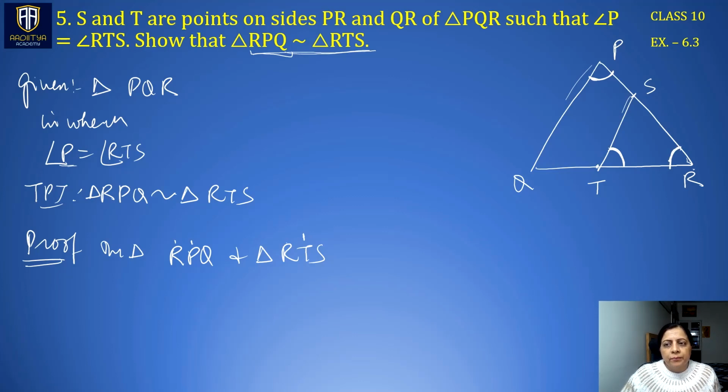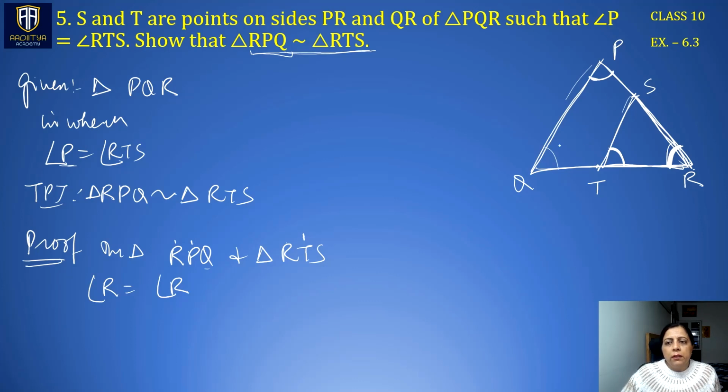So can we have angle R equal to angle R? See, if you mark this triangle as RTS, this angle R is appearing in this triangle RTS. Moreover, it is RPQ in the bigger triangle. So this angle R is common to both the triangles. So we can write angle R is equal to angle R. Can we have it in Q and S?